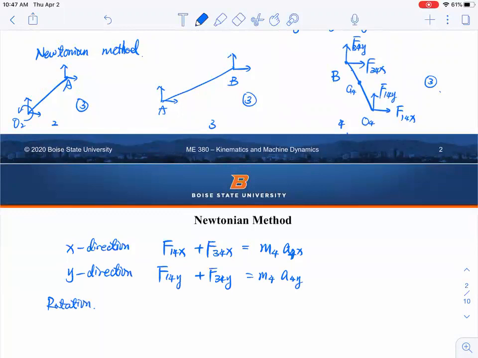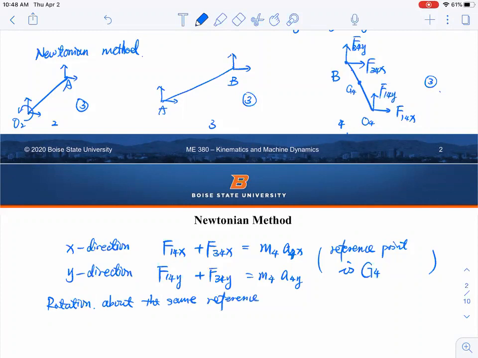Remember that when we write these linear equations, the reference point is G4. The rule of thumb is we pick the center of gravity as the reference point to calculate linear motion. If that's the case, you always pick the same reference point to calculate your rotation.